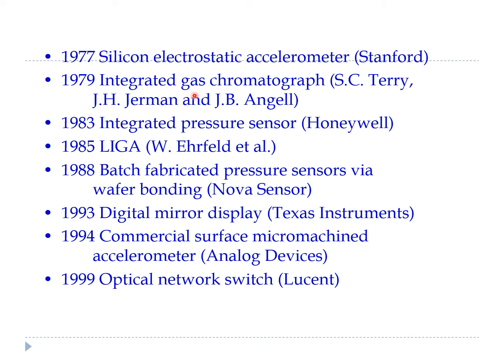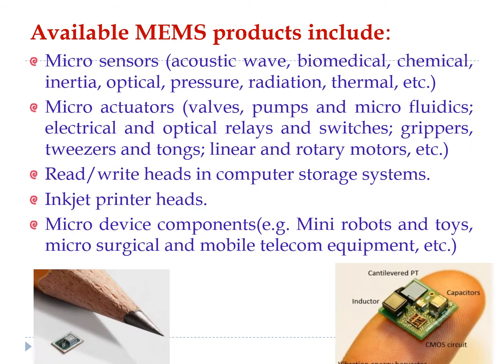In 1979 an integrated gas chromatograph, and then integrated pressure sensors, LIGA, batch fabricated pressure sensors, vapor bonding, digital mirror display, and commercial surface micromachined accelerometers were developed in 1994, and in 1999 the optical network switch. So small by small development leads to miniaturized technology in 2020.